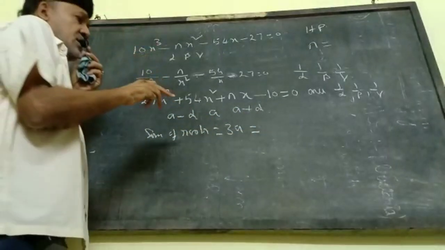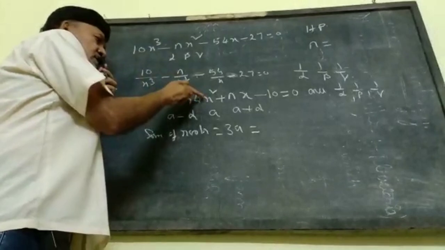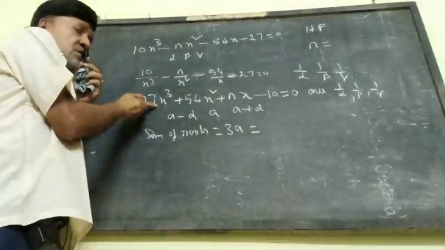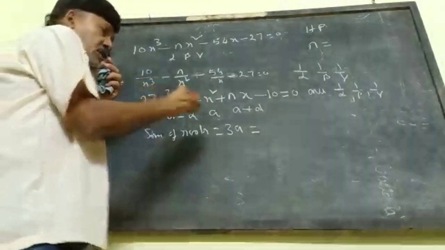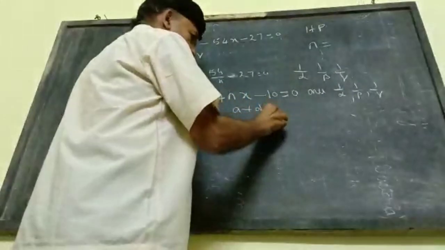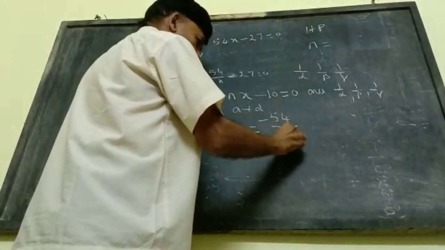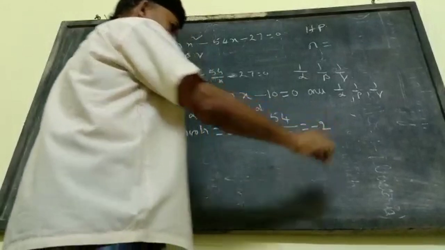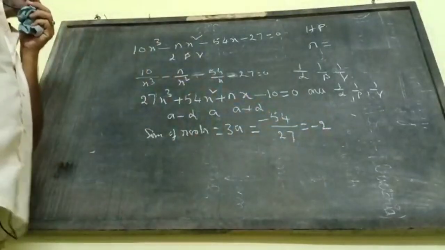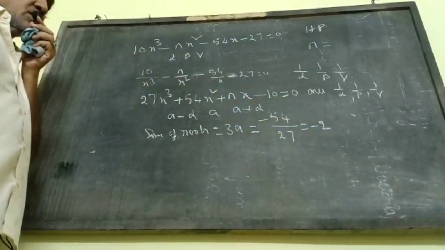Sum of the roots is minus of x square coefficient by x cube coefficient. This point all of you know. So you are going to get minus 54 by 27, which is minus 2. So 3a is equal to minus 2 you get.